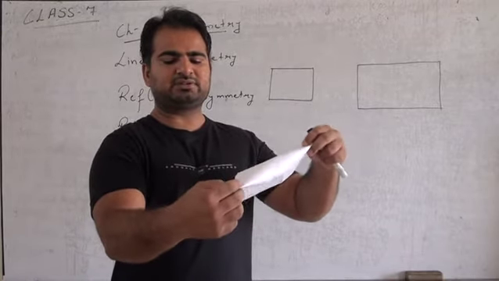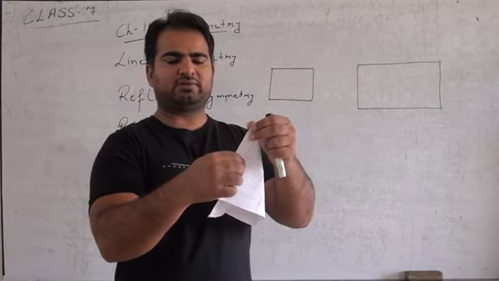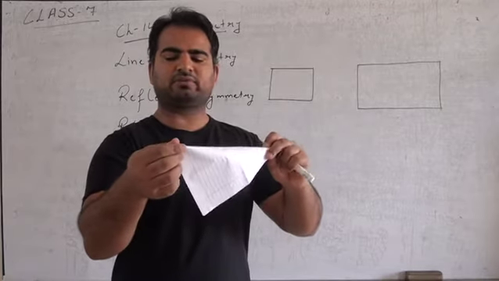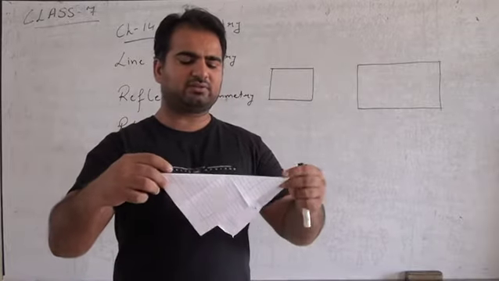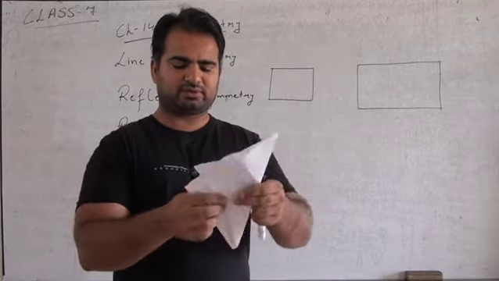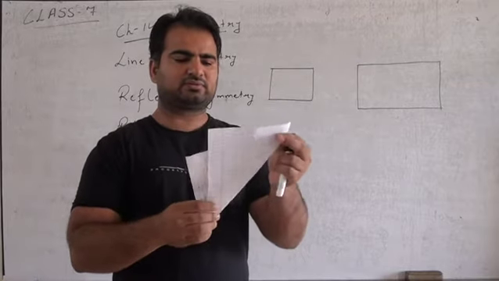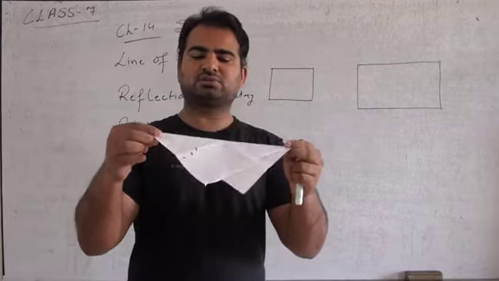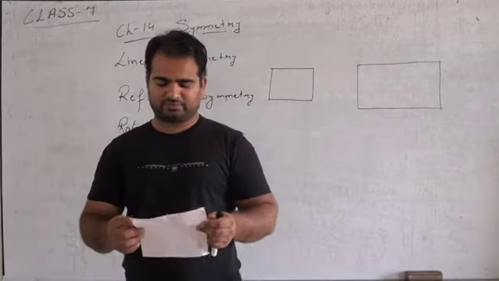Like I am folding it by its diagonal. But what is happening is it is not covering the other surface. So a rectangle will have only two lines of symmetry.